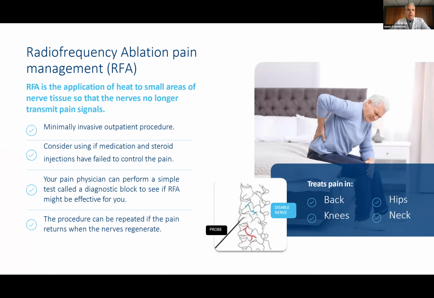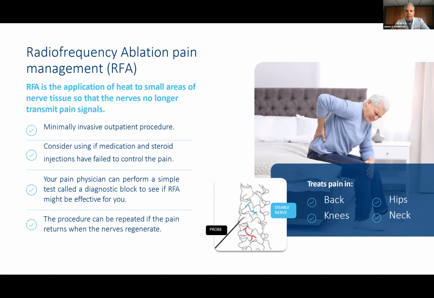So radiofrequency ablation is an application of heat to a small area of nerve tissue so that the nerves no longer transmit pain signals. It's a minimally invasive outpatient procedure. It uses a small needle that we call a probe.